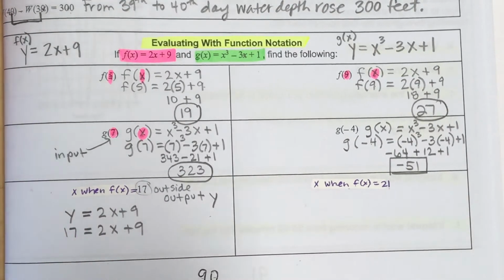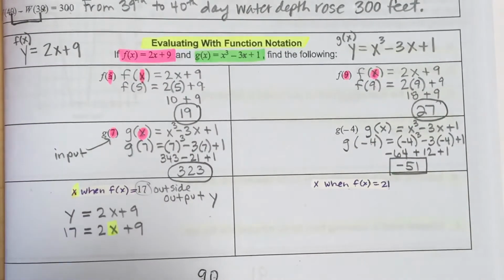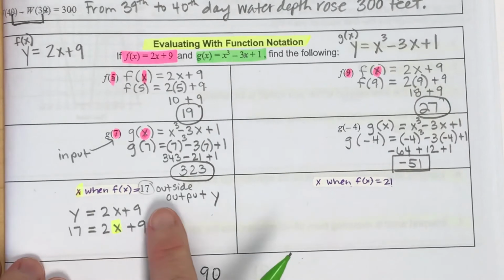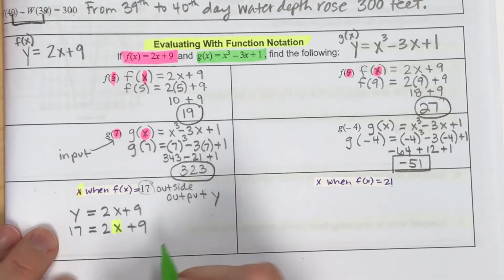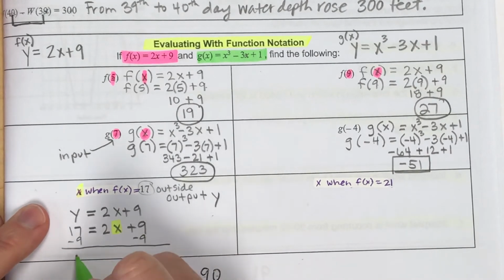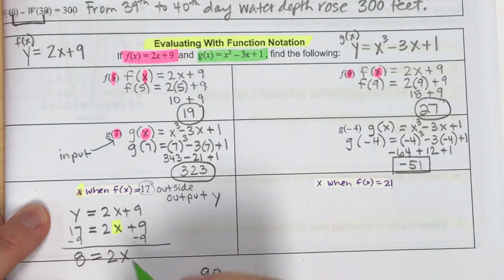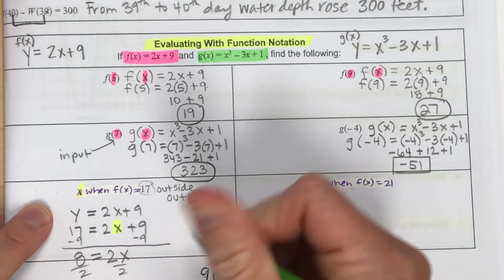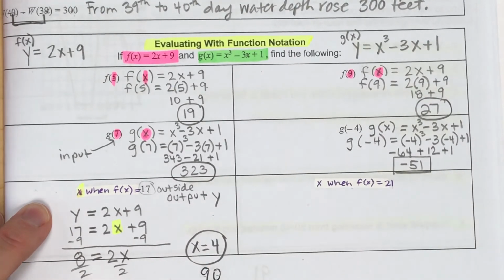And now I can solve for my letter x, which is my input, because I was given my output. So I'm going to subtract 9 on both sides. And when I do that, I'm left with the number 8. 8 is equal to 2x. And if I divide both sides by 2, my input would have been the number 4.